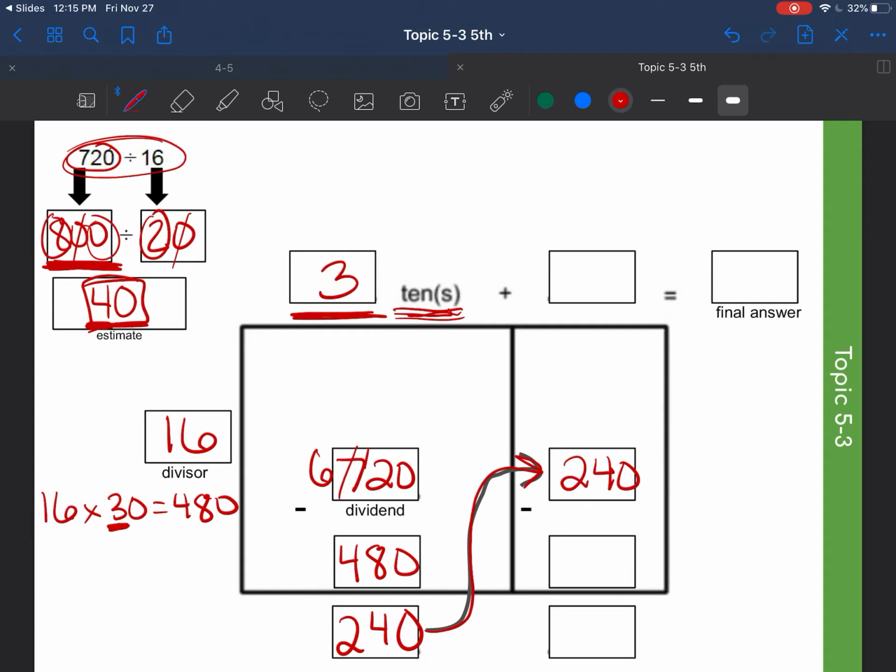Okay. So I know it's going to be a lot. Let's try 16 times 8. Okay. So again, using multiplication for a division problem is totally okay, guys. So we do a 4, 8, 9, 10, 11, 12. That gives me 128. Okay, maybe I can get a little bit closer.